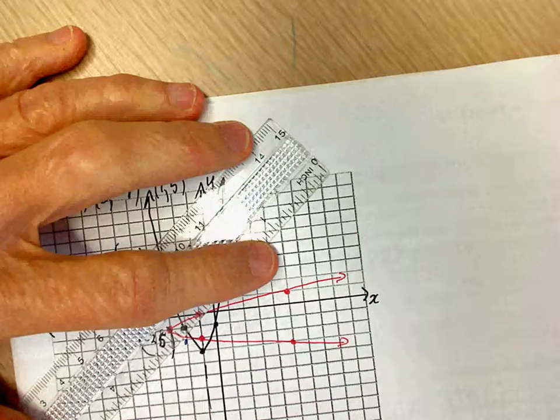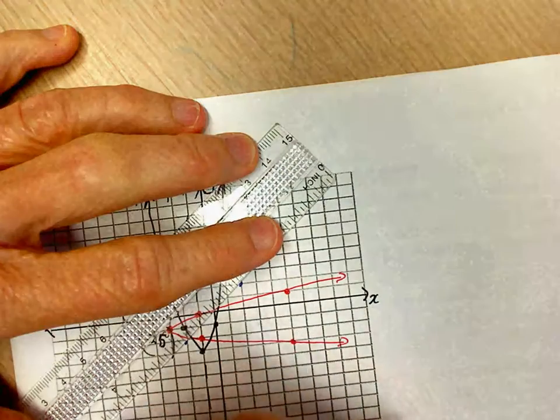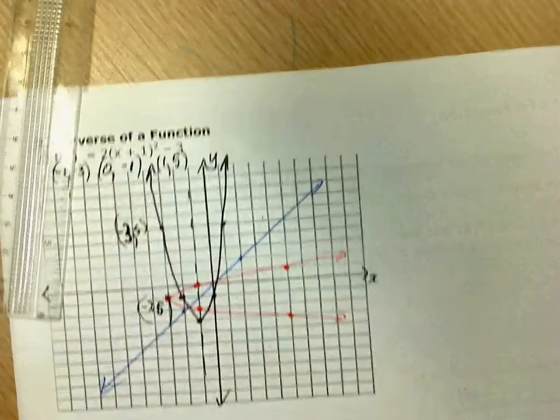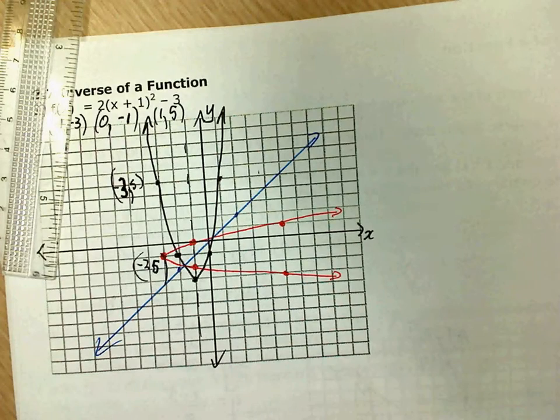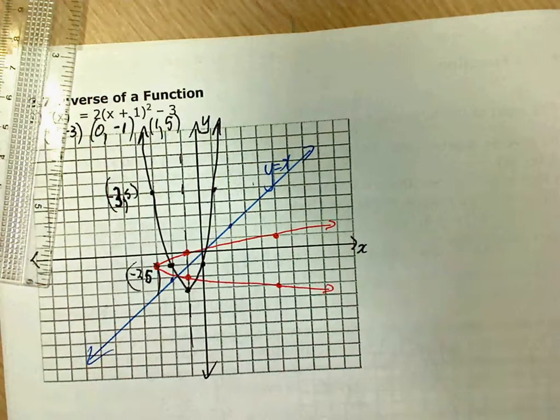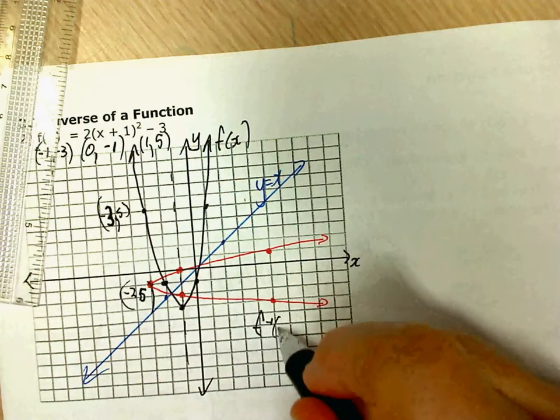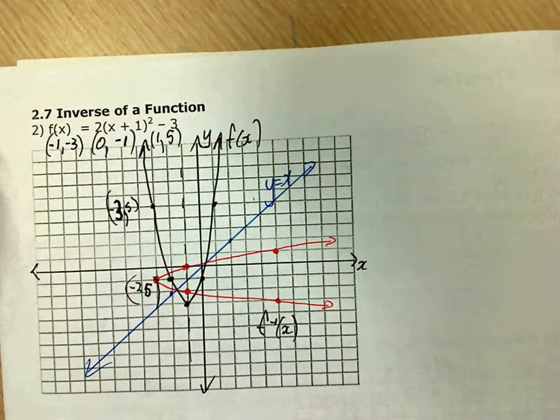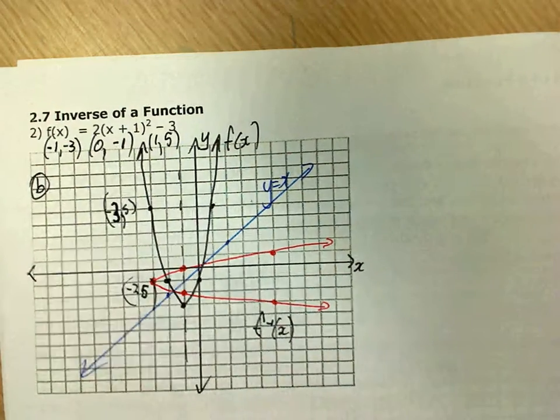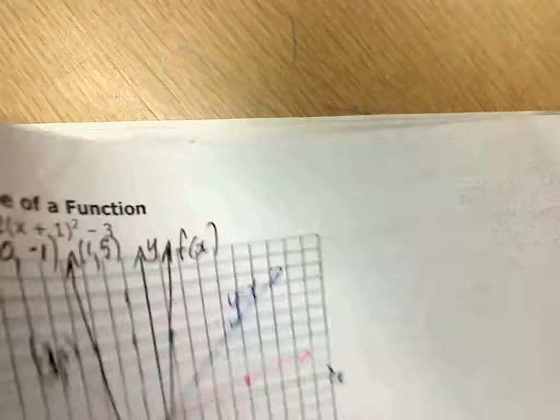We will follow instructions. y equals x. Label your graphs f of x, and this is the inverse. So we actually did part B here. If you recall, on the first page of this, we're going to find the inverse algebraically now, and that was part A.